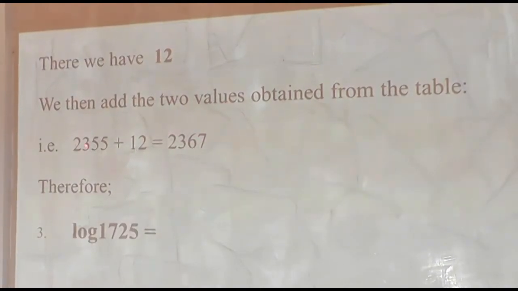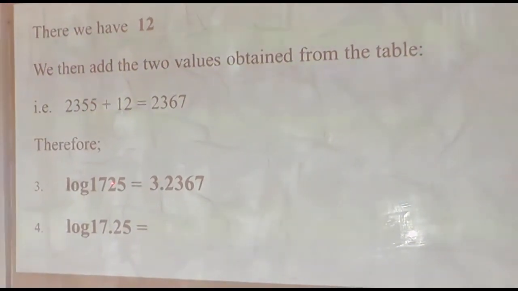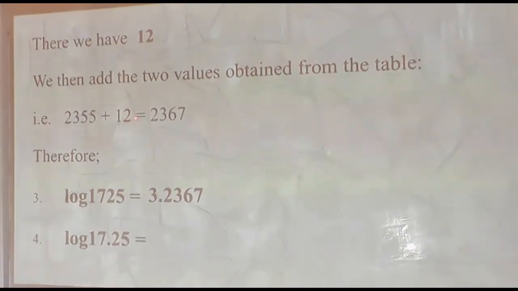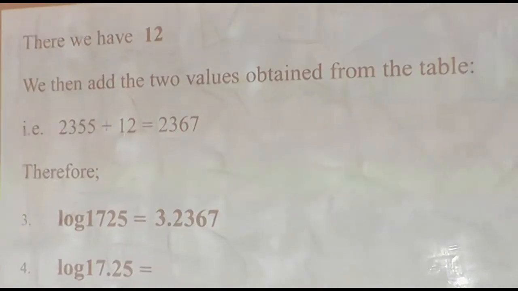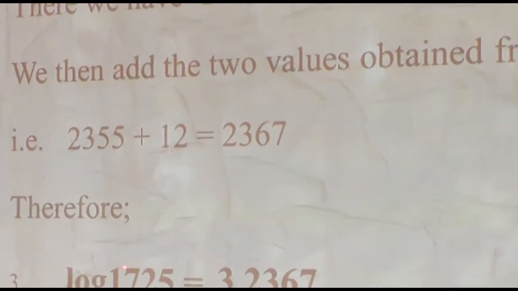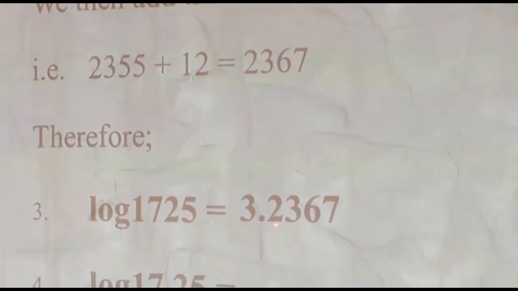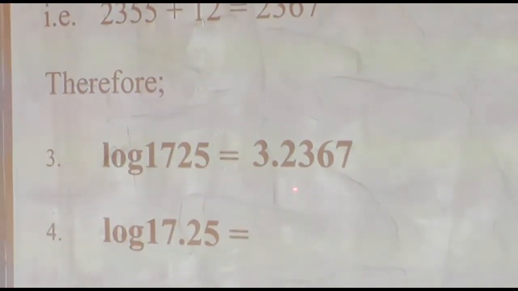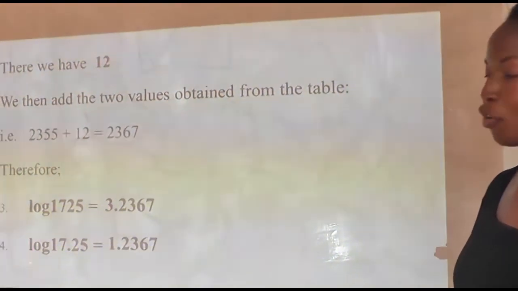Remember when we went to 17 under 2, we recorded 2355, and in the difference column we had 12. So we add 12 to 2355, and we have 2367. So the logarithm of 1725 is equal to 3.2367.